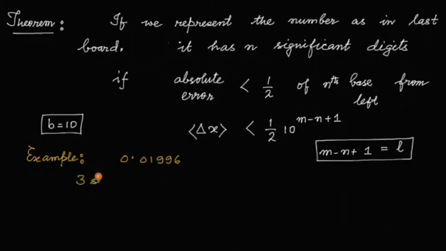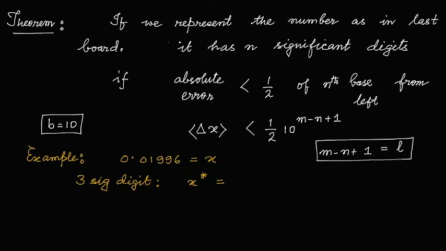So this is equal to x. If I have 3 significant digits, what is x star? Somebody, what is x star if I have 3 significant digits? You have to round it off. 0.0199. No, so 1.99, is it?